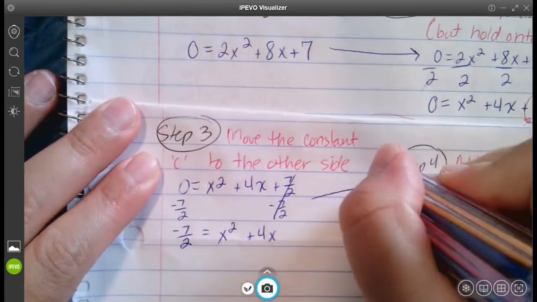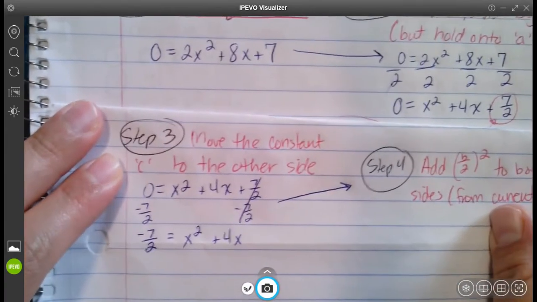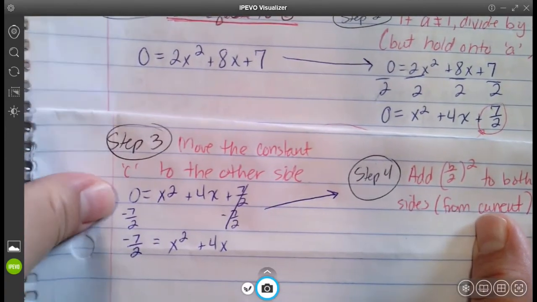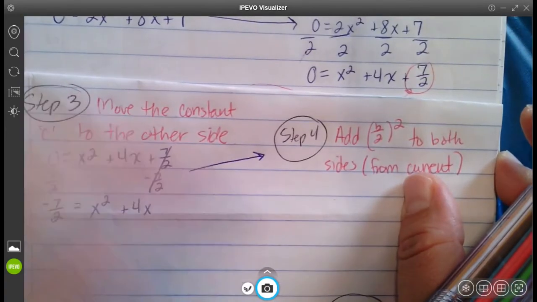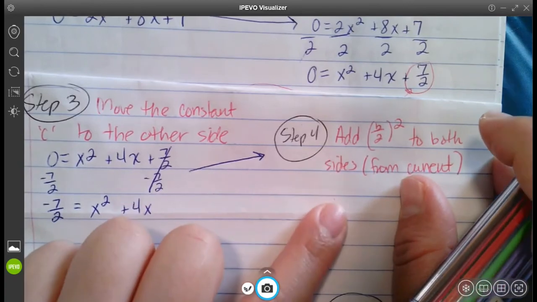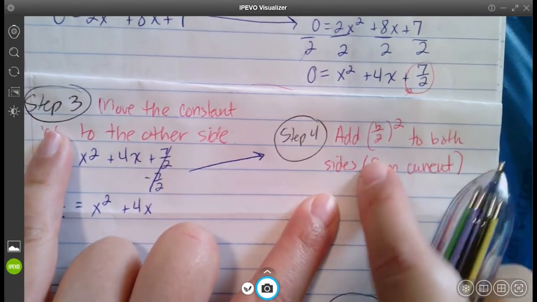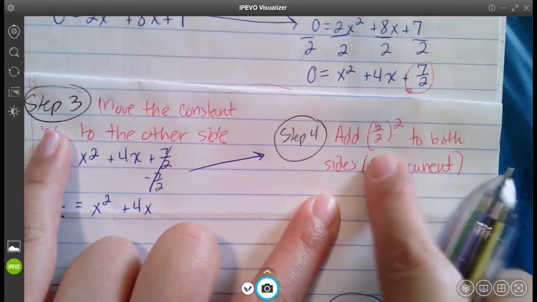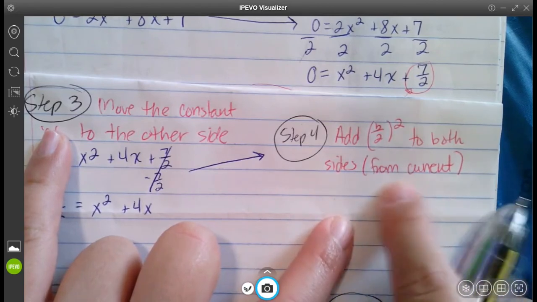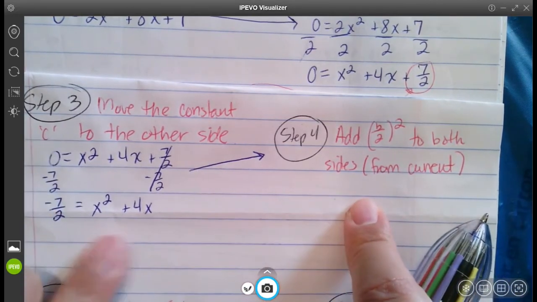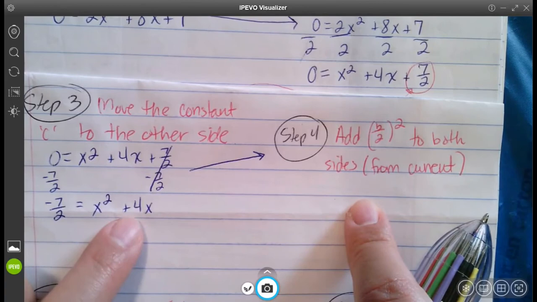Moving on to step number 4, and this is the most important step, I would have to say. Step number 4 is to add b over 2 squared to both sides. So this is where we get our complete the square name from. And this is from whatever the current equation is. In this case, our b would be that 4 right here.